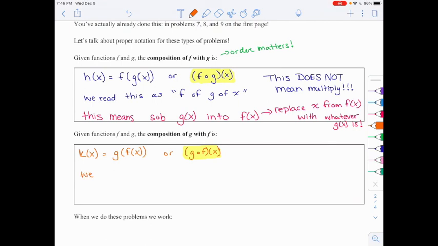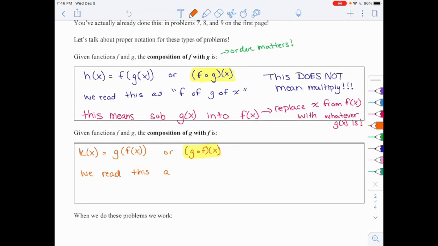Right, so then we read this as g of f of x, and this means sub f of x into g of x. Sorry about that.